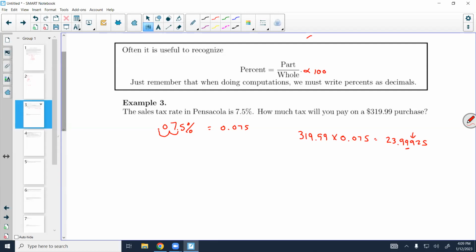So if I round up, this becomes 10, which means this is 0. I add 1 here and I get 10. This is 0. This goes to 4. So the sales tax on $319.99 is $24. Everybody good?